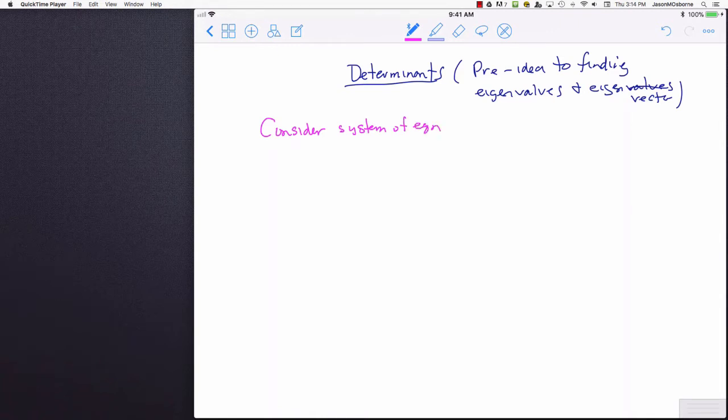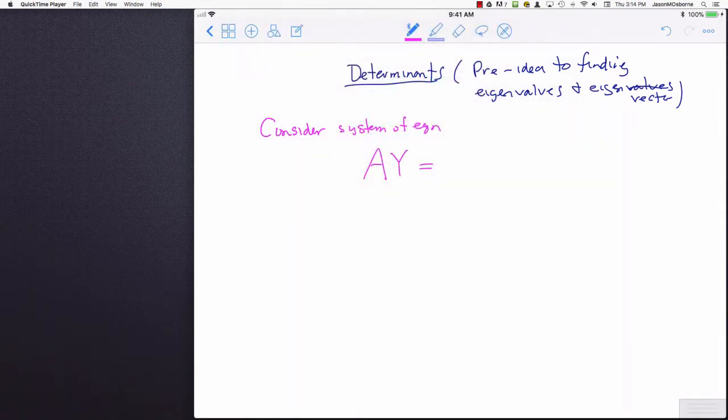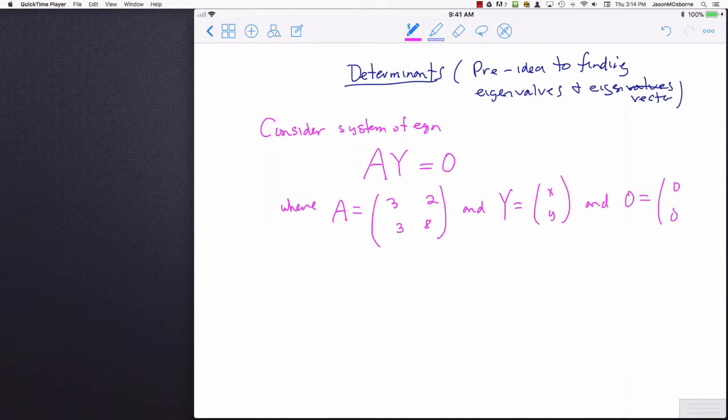Consider the system of equations AY equal to 0, where A is the matrix 3, 2, 3, 8, and the vector Y is little x, little y, and 0 means the 0 vector.